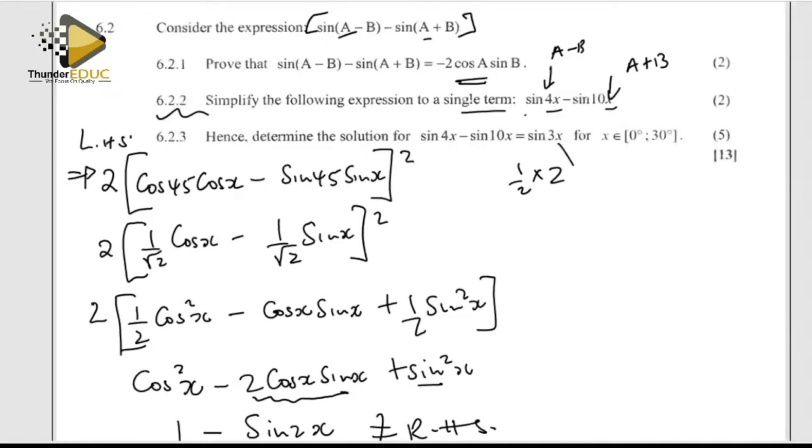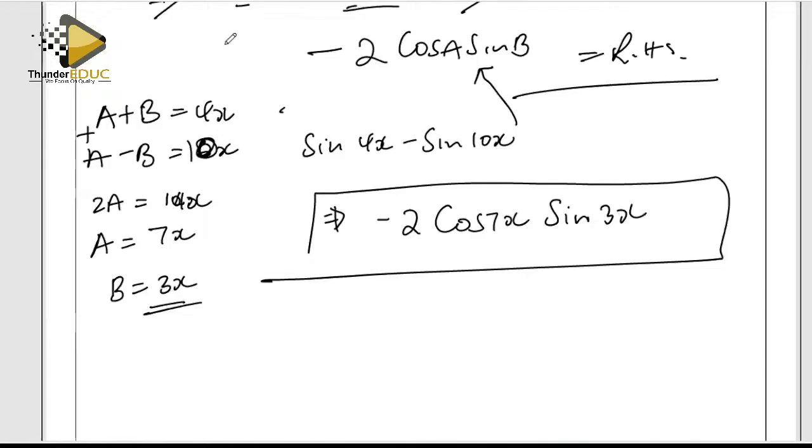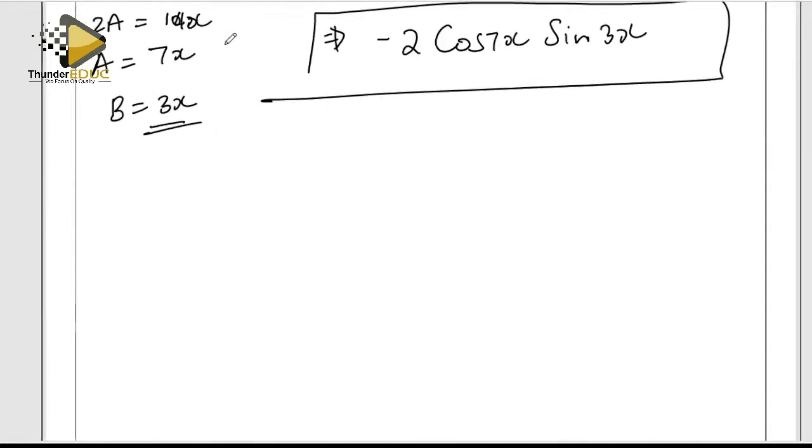And then hence determine the general solution, or the solution. They want the solution. Okay, so with the solution, we need to get the definite values of x between 0 and 30. So we're saying that where there is sine 4x minus sine of 10x, it should be equivalent to sine 3x. Okay, so let's replace this with that.